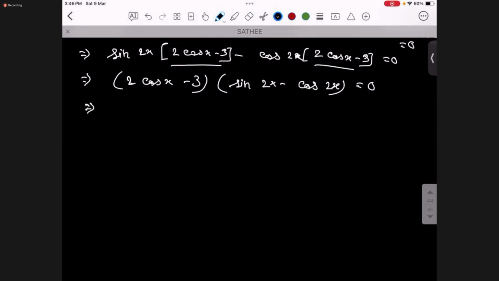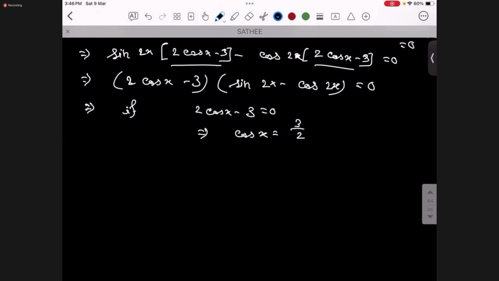This implies that the product of two numbers is 0, so at least one should be 0. Now case 1: if we say 2 cos x minus 3 equals 0, this will imply cos x equals 3 by 2.